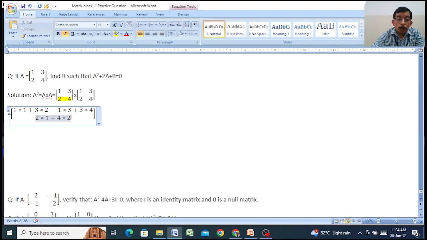The second row first column multiplication is complete. Now we come to the second column. The second row multiplied by the second column, the last element of the matrix: 2 multiplied by 3 plus 4 multiplied by 4.